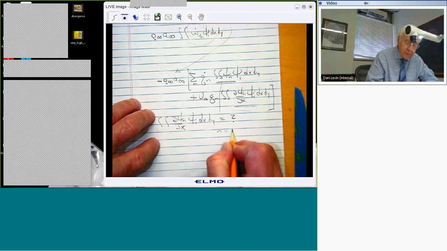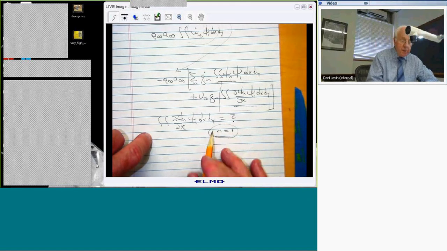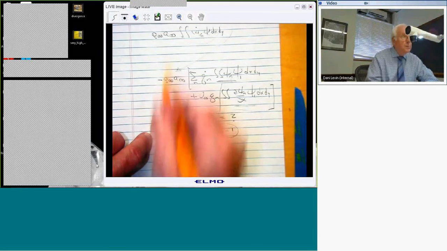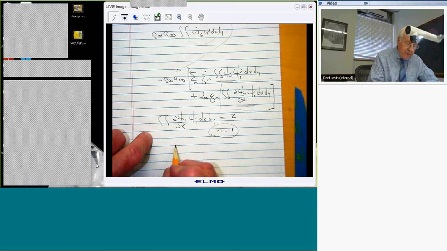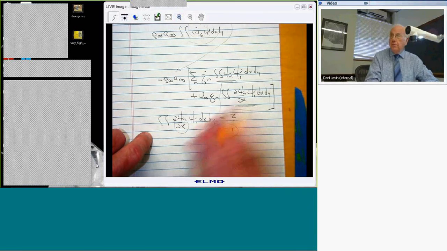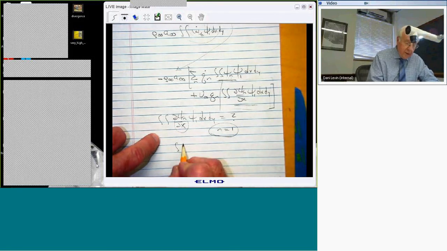I mean, there are a lot of terms, right? There's a summation of all modes. But let's look at the term in the summation which is the same mode as the equation of motion we're dealing with at the moment. Since this is a derivative with respect to x and I plan to integrate by parts, I'm going to forget about the derivative, the integral over y. If I have this integral, what's that equal to?